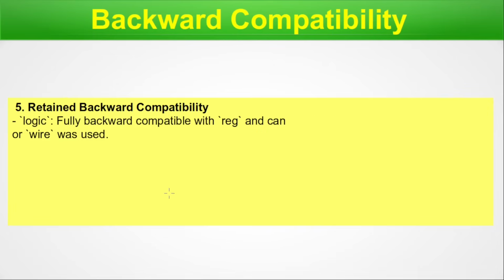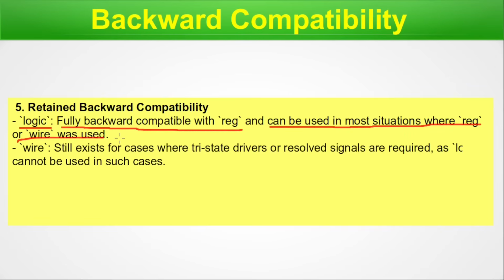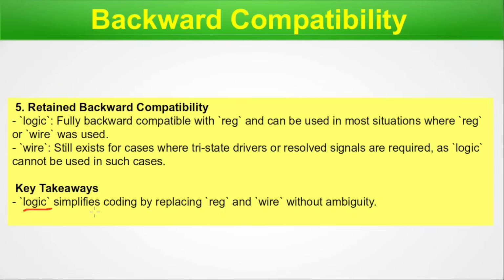Here, the retained backward compatibility. Logic is fully backward compatible with reg and can be used in most situations where reg or wire was used. Wire still exists for cases where tri-state drivers or resolved signals are required, as logic cannot be used in such cases. Now the key takeaways are: logic simplifies coding by replacing reg and wire without any ambiguity.